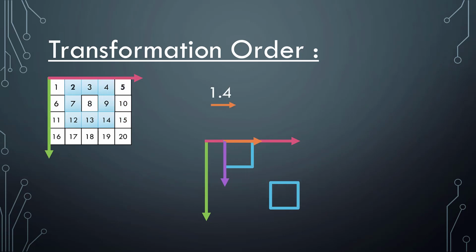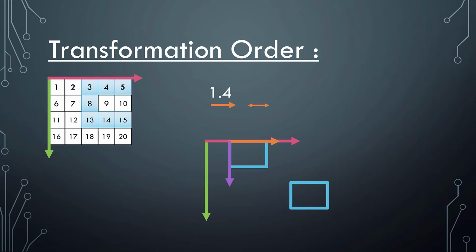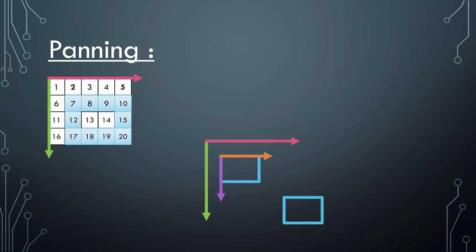But if we first move it by that 1.4 pixels, and then we try to stretch it, now we've overshot because the stretching had also applied onto the movement of 1.4 that we did, and it ended up overshooting. So as you can see, if we change the order in which we apply the same transformations, we're not ending up with the same result.